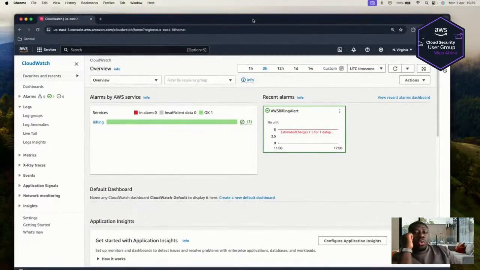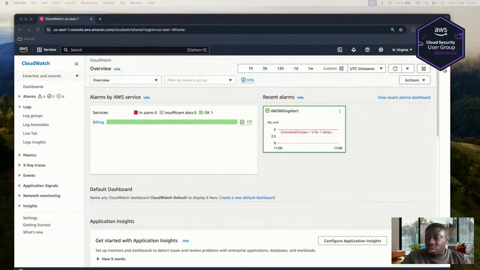Good. So, as a form of practical, what we want to do is, how do we go about this? How do we enable CloudWatch?